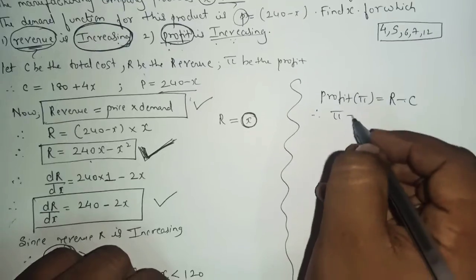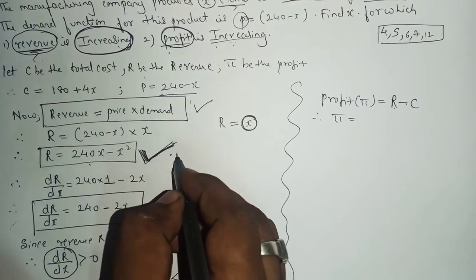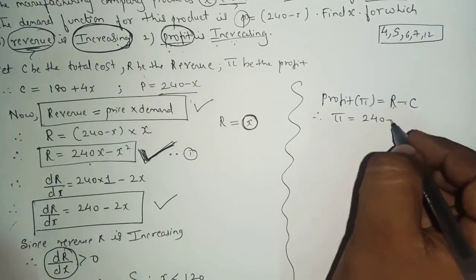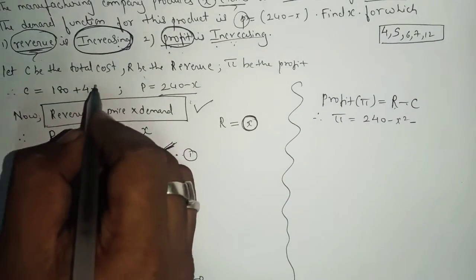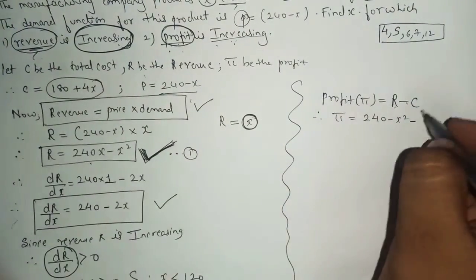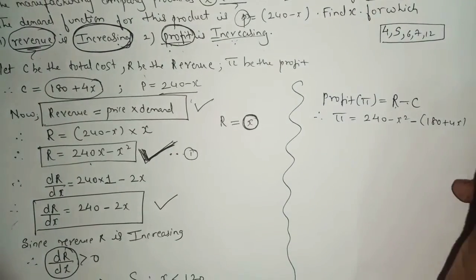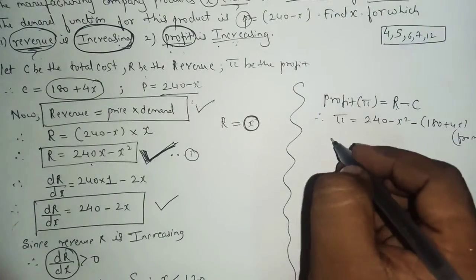So pi equals, what is the value of R? Here we got the value of R, so this will give equation number one. So here we got 240 minus x square minus C. What is C? The total cost. Here we have the total cost, that is 180 plus 4x, yes or no? So from 1 we got 240 minus x square.